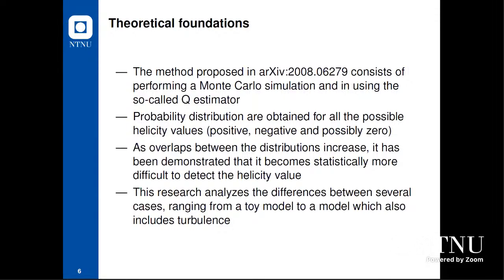And the idea is to use a formula that is the Q estimator, and apply this formula to groups of 3 points multiple times. And this means that they perform a Monte Carlo simulation.